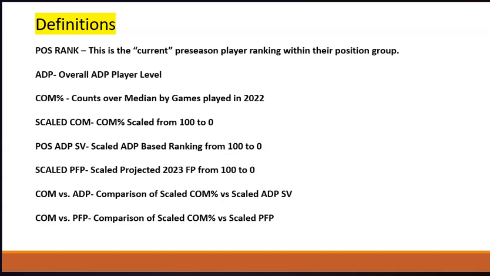Finally, I look at my scaled com compared to the scaled ADP, and my scaled com versus projections, and that's where the values pop. A highly consistent player that is not thought very highly of by ADP is worthy of a look. We're not trying to find what everybody else knows.